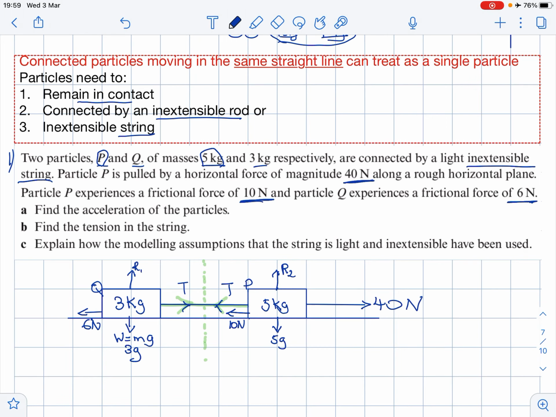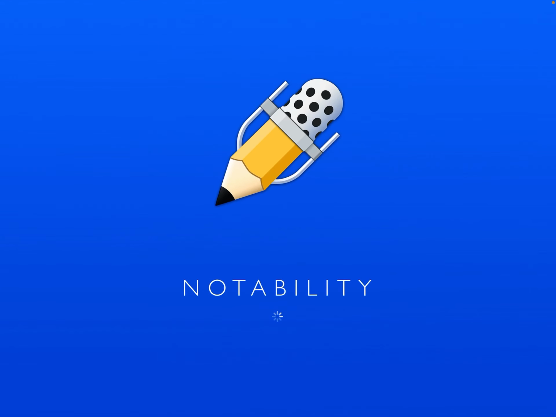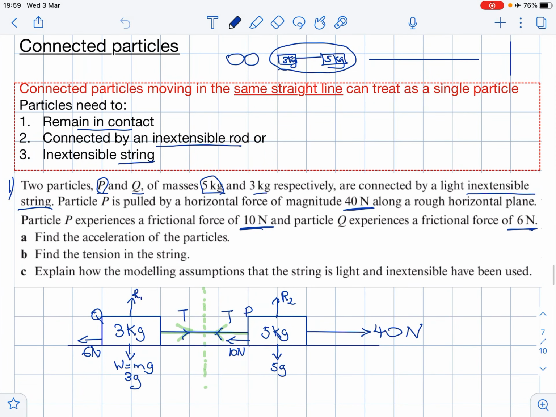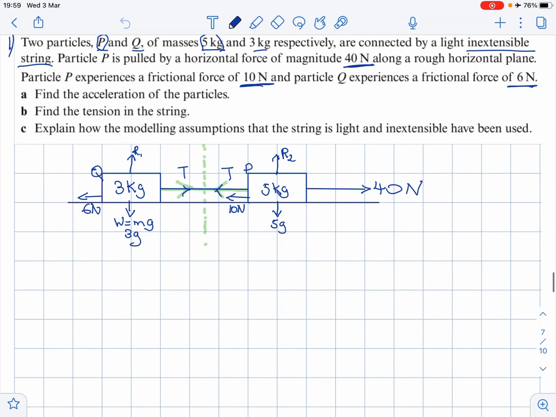So the question asks us to find the acceleration. Remember Newton's second law: F equals ma.